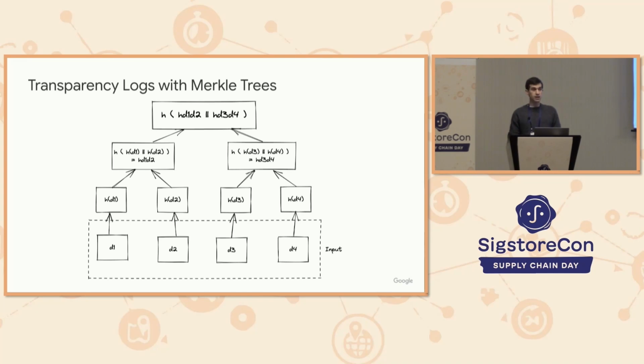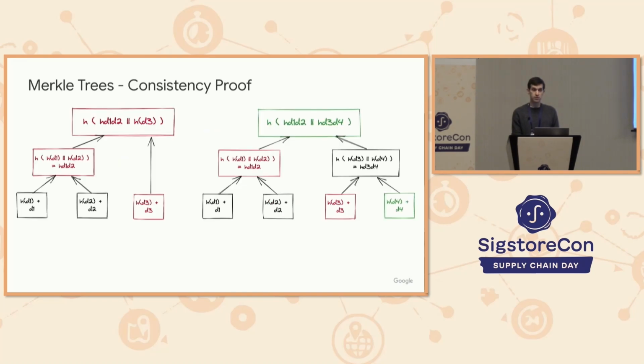So for the next couple slides, I'll go through this really quickly, the way that transparency logs with Merkle trees work. This is an example of one such tree. The leaf nodes are all hashes of the inputs, and then as we move up the tree, the parent nodes are hashed concatenations of their children. And what this structure gives us is the ability to very efficiently compute inclusion proofs and consistency proofs.